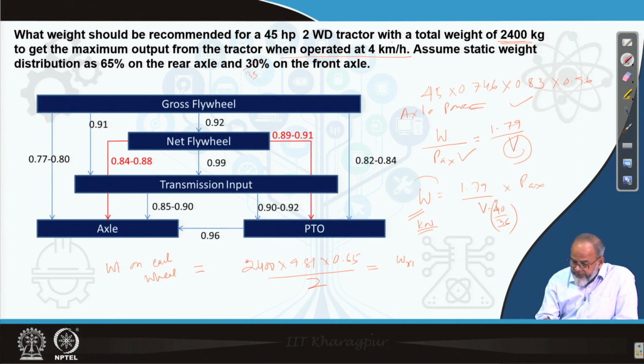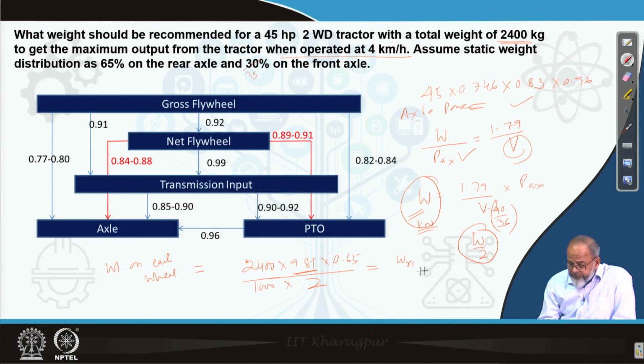I multiply by 9.81 to get Newton, then divide by 1000 to get kilonewton. Now W is the dynamic weight on the axle, so I divide by 2 to find the dynamic weight required on each wheel for optimum ballasting. So W by 2.